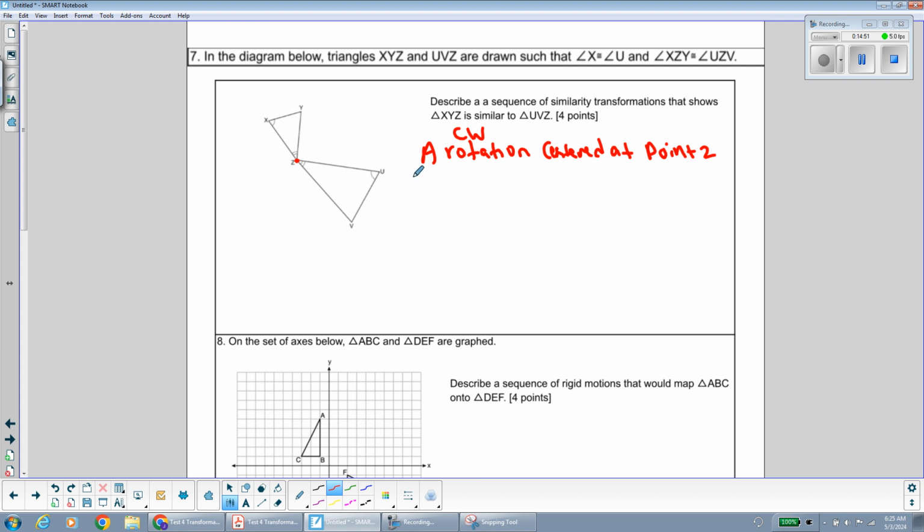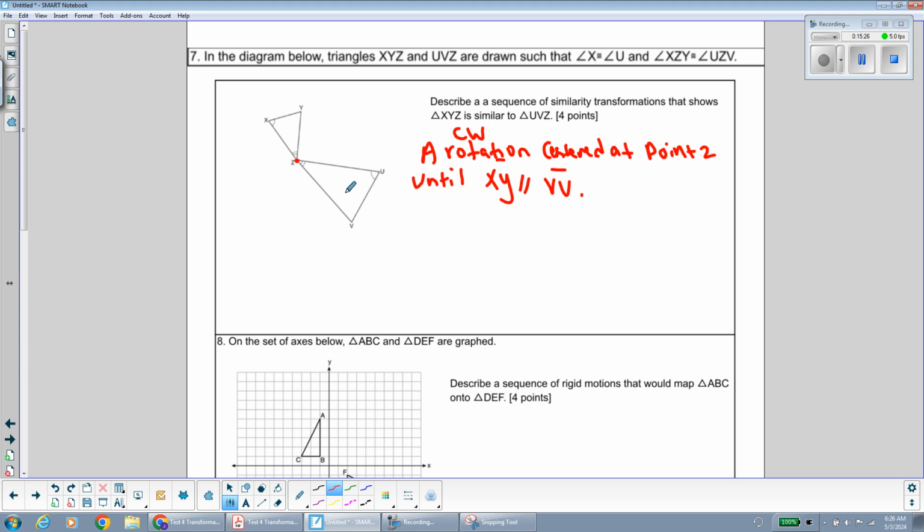I'm going to write to rotate it until XY is parallel, oops, that looks messy, to VU.